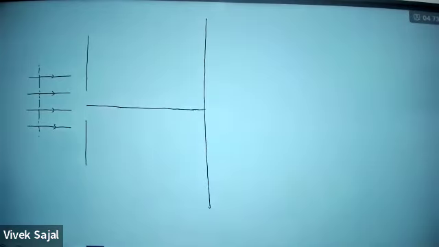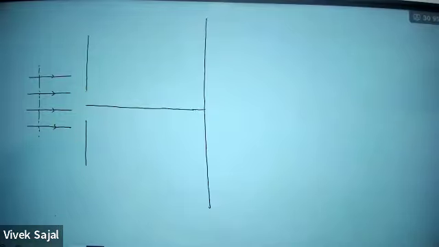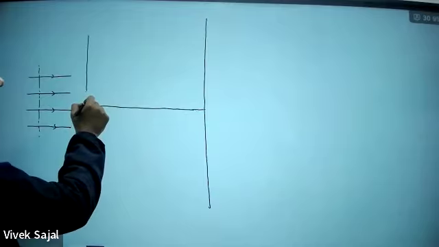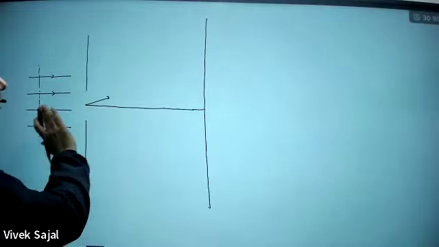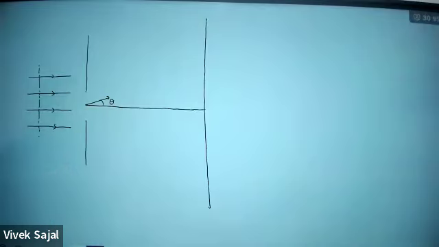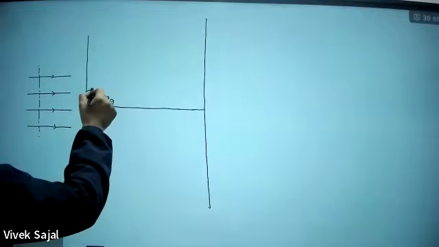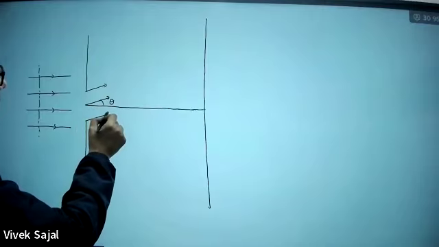So what you do here, from here, you can consider any one of the directions. Suppose I choose some arbitrary direction theta, and I'm considering the light that is propagating at this angle theta. For this purpose, I choose two extreme rays. One of the rays will be this, and another will be this.